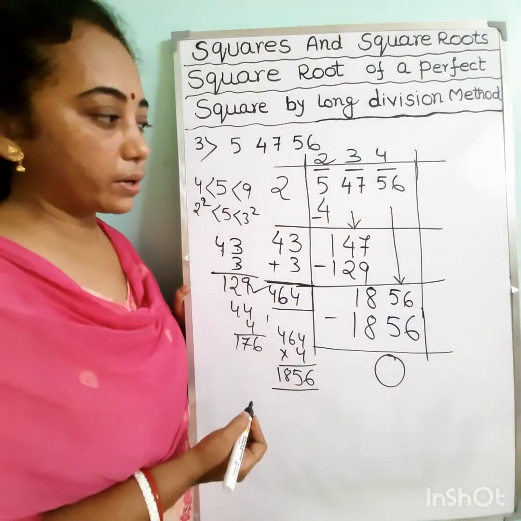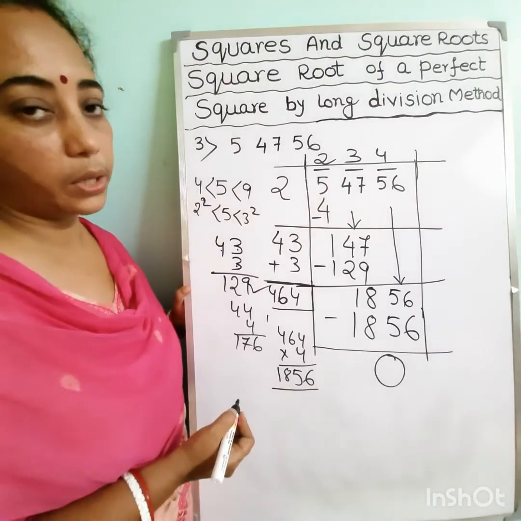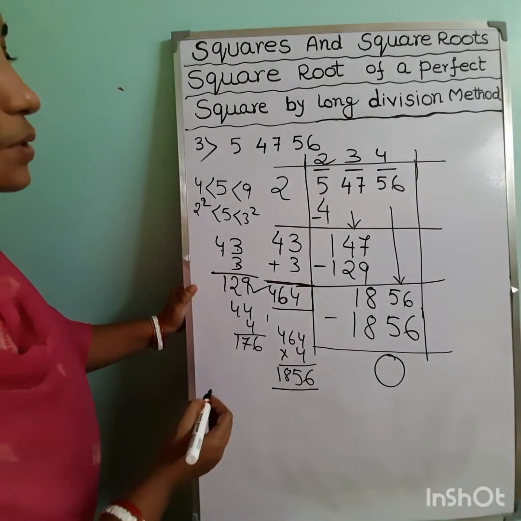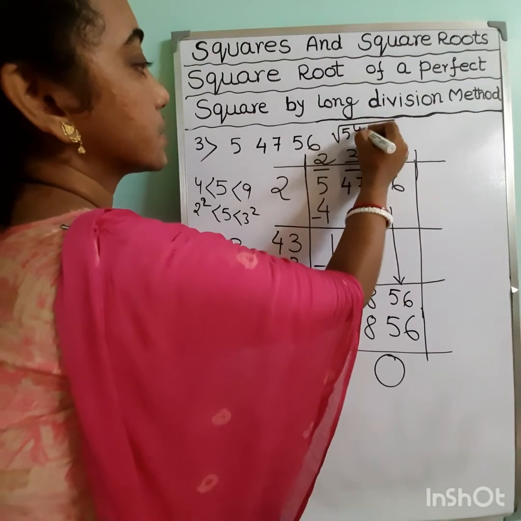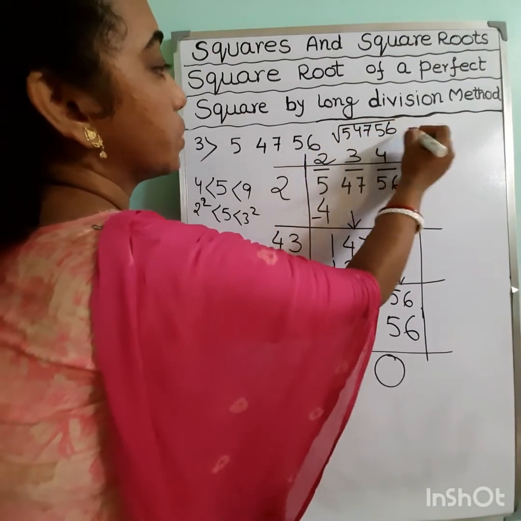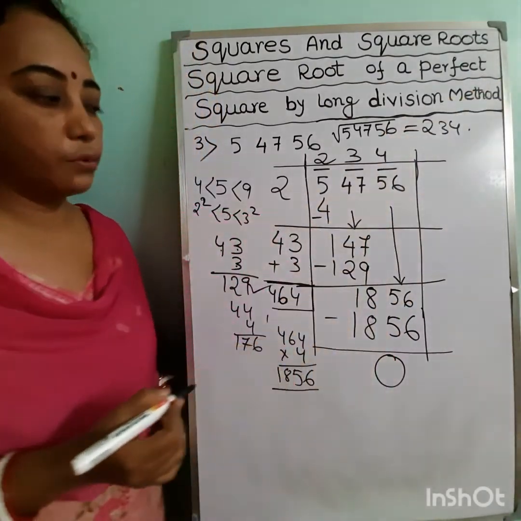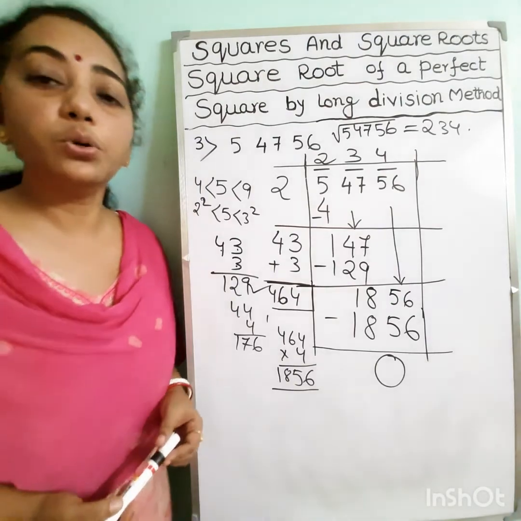So we stop our calculations, and the quotient so obtained is the square root of the given number. So what is the quotient here? 234. So we can write the square root of 54756 is equal to 234.